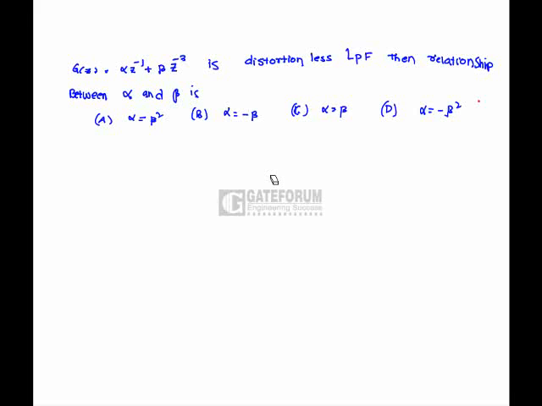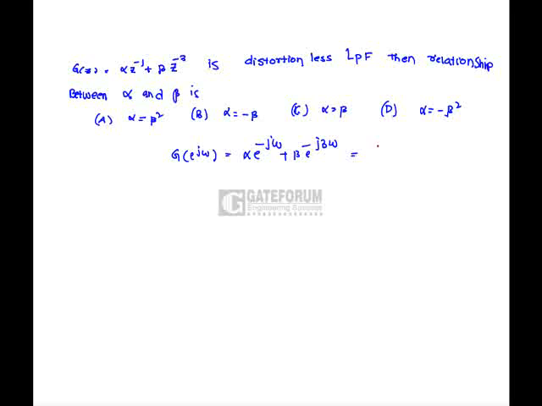G of z equals alpha z inverse plus beta z power minus 3 is a distortionless low pass filter. Then the relationship between alpha and beta is? Here, for the distortionless filter, the phase must be a linear function of omega. That is, G of e power j omega is nothing but alpha e power minus j omega plus beta e power minus j3 omega.